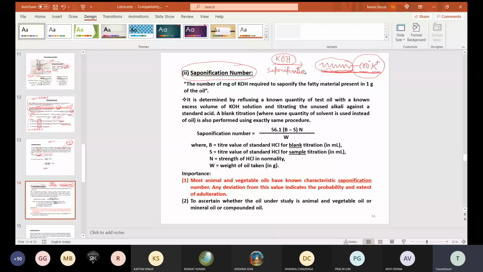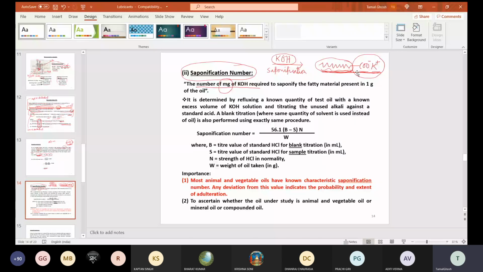Now let us go to the slide part. Here is the definition: number of milligram of KOH. mg means milligram. In examinations, someone was writing capital M, small g, which means magnesium. So it is small m and small g, milligram.